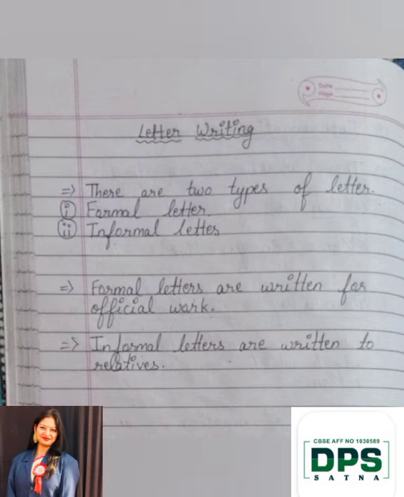You can express your feelings, your joy, your love, whatever you want to express with your relatives, with your parents, with your cousins, with your brother, sister, whoever they are, with your friends. Okay, so as compared to a formal letter, your informal letter used to be lengthy.